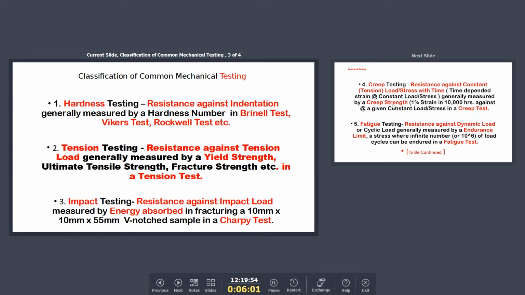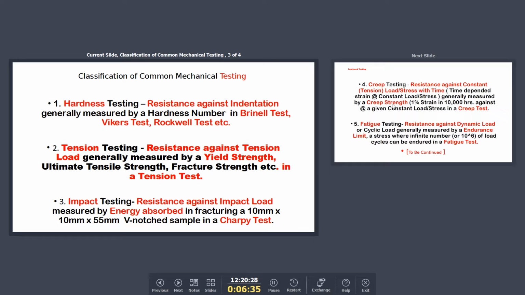Similarly, in the case of metal, metal is also hard. And it is hardness which determines which material can resist a high amount of external load. Now, this is an empirical test, meaning that it develops by observation.